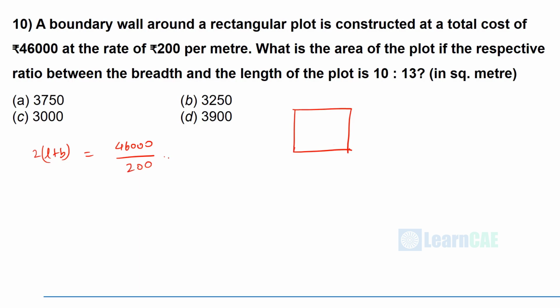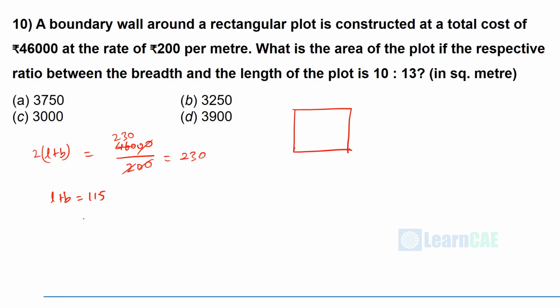So this is nothing but 230. So now you got L plus B is equal to 230 divided by 2, which is 115.